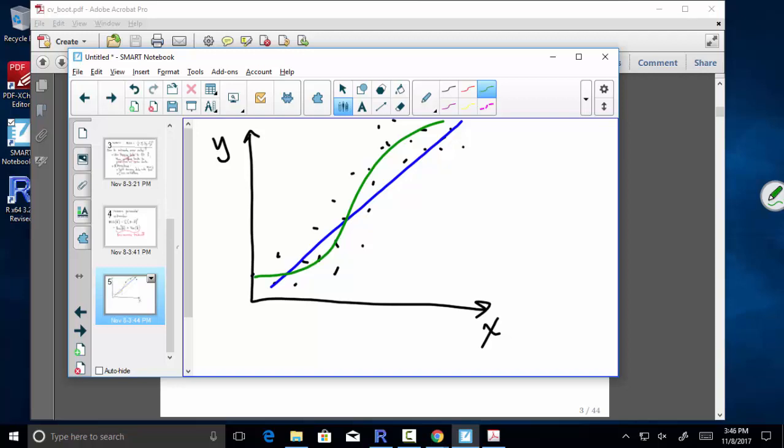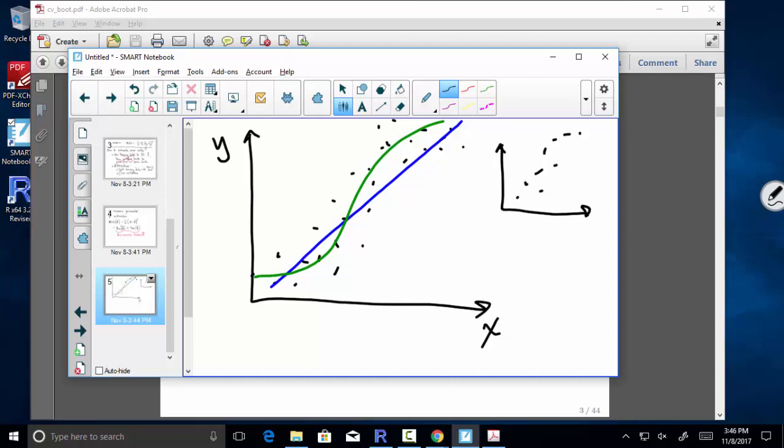If you were to repeat this study, I sampled 50 individuals from the population of interest, and I fit a line, and I fit this cubic thing. Now I go get a new 50, and I make its scatter plot. Which of the two curves would you expect to look different, most different in the new data?